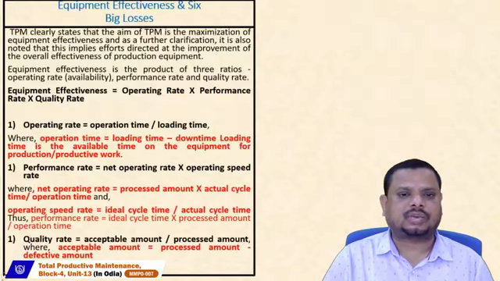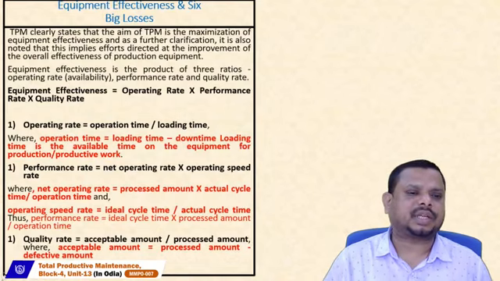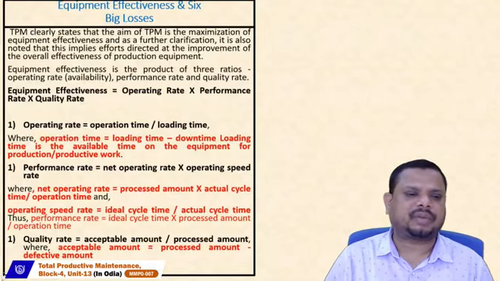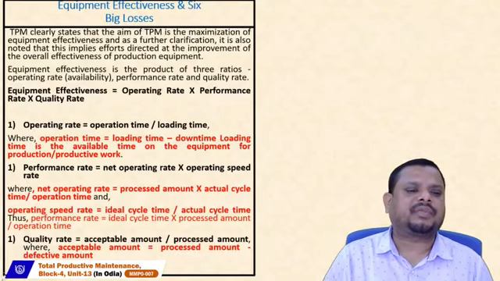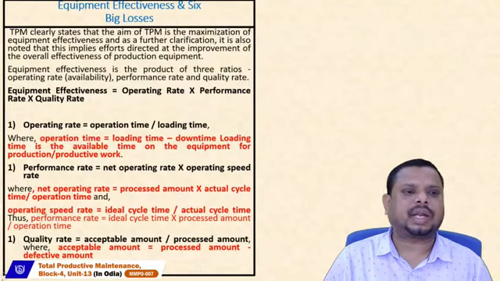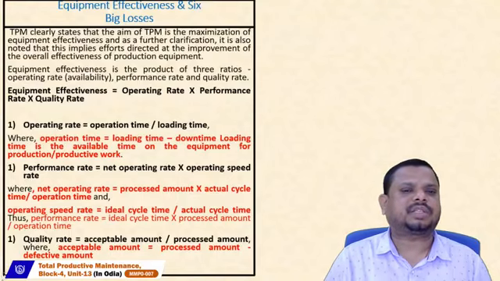Moving to the next one, we have the equipment effectiveness and the 6 big losses with reference to total productive maintenance. So let's understand what equipment effectiveness is and how it is calculated. The first important part is that the aim of TPM is clearly stated: maximize the equipment effectiveness.